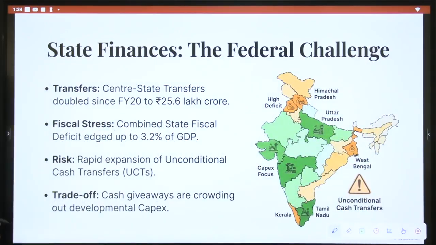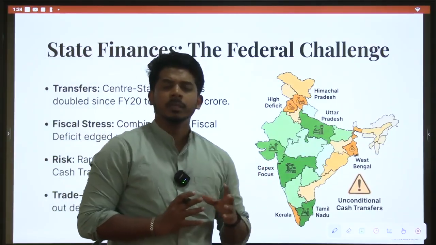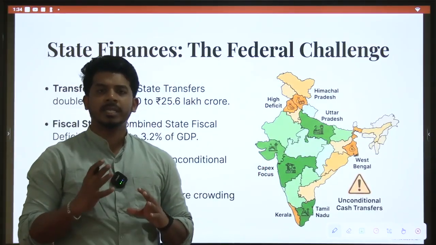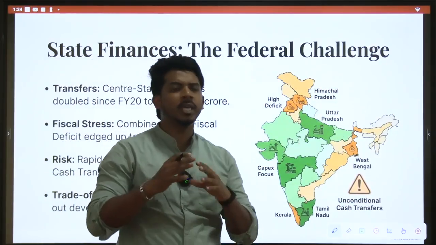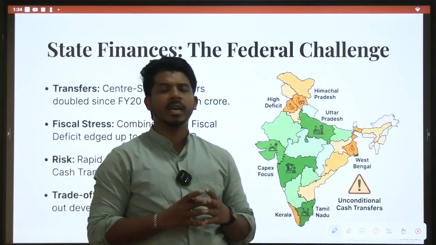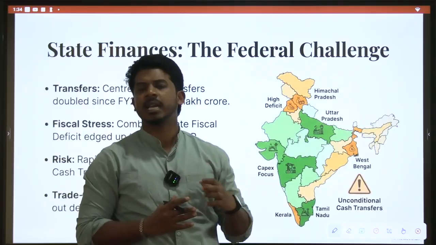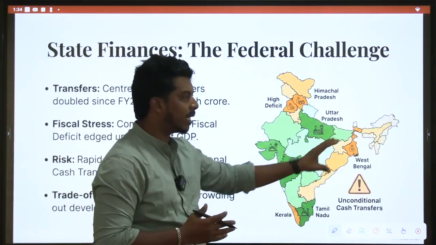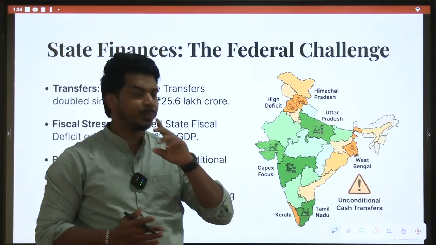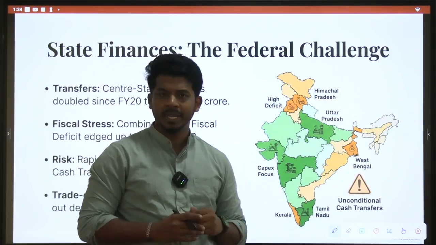So next comes the state finances. The Economic Survey has expressed a concern about state finances. We are seeing the government of India reducing its fiscal deficit through various measures. It is doing fiscal consolidation and reducing its debt. But what is happening at the state level? The Economic Survey says the path taken by many states is worrying.